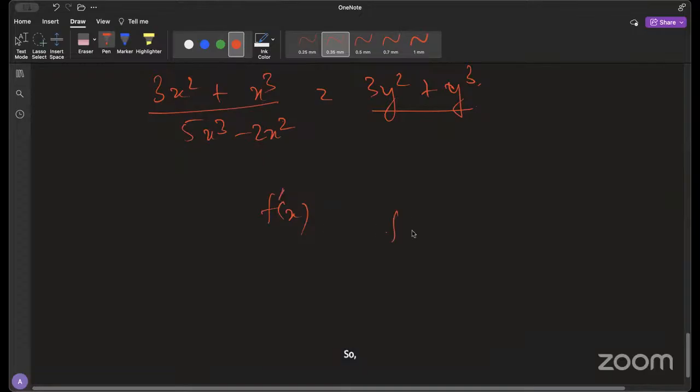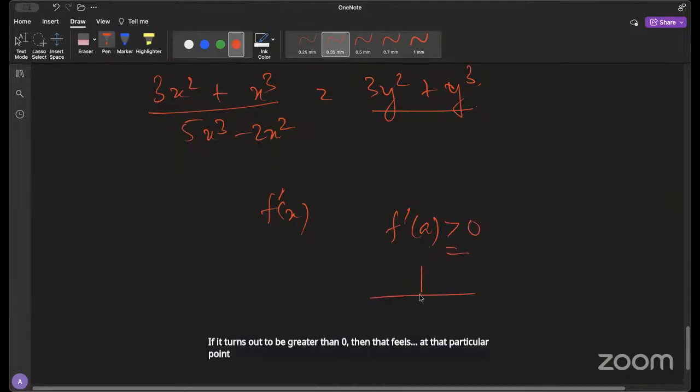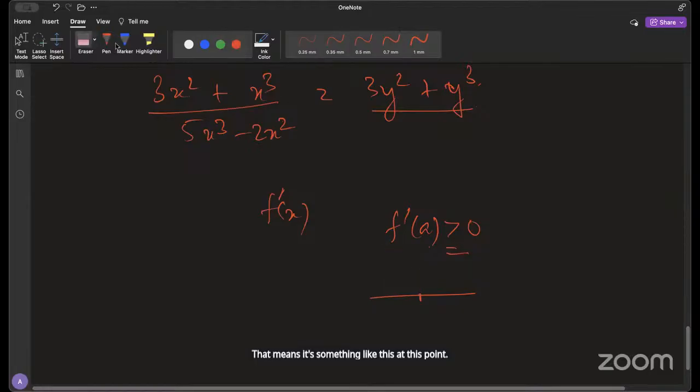If it turns out to be greater than 0 at a particular point, then the function is increasing at this point. Is that okay? Yes, ma'am. If you get a 0 here, it means you have something straight at that point, because it's just a point, it will be a straight thing.